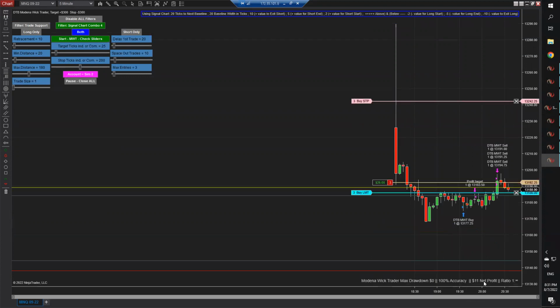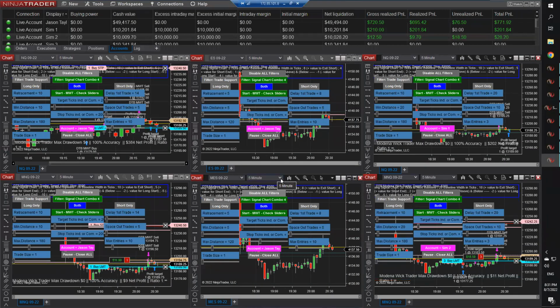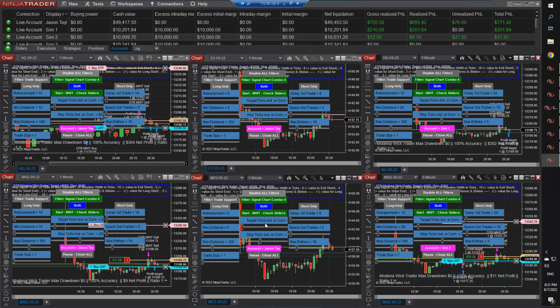And that's completely on fully automated trading. So as you can see, we've got an absolutely incredible system here that beats everything else in the market. I'm glad that you guys have the opportunity to work on it.